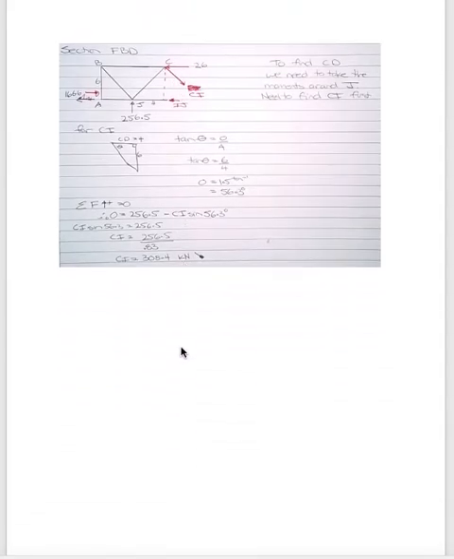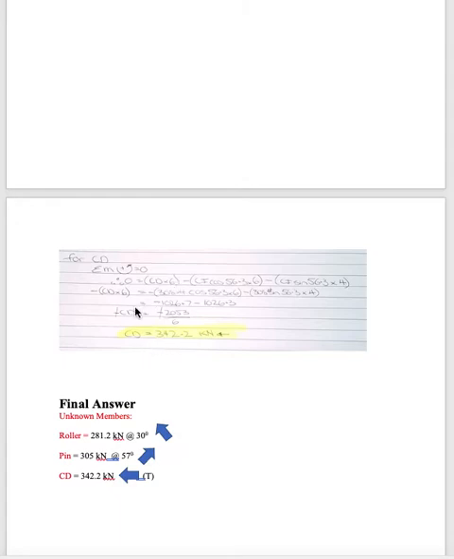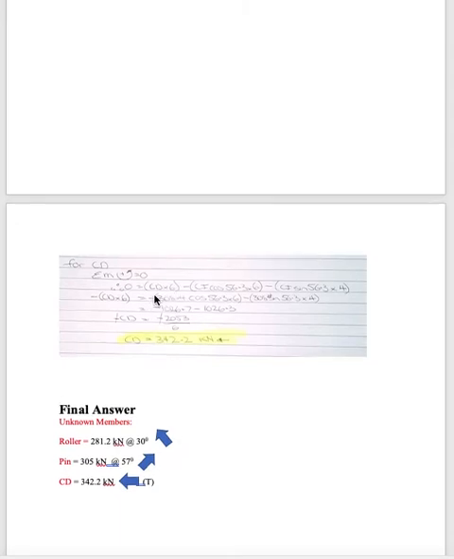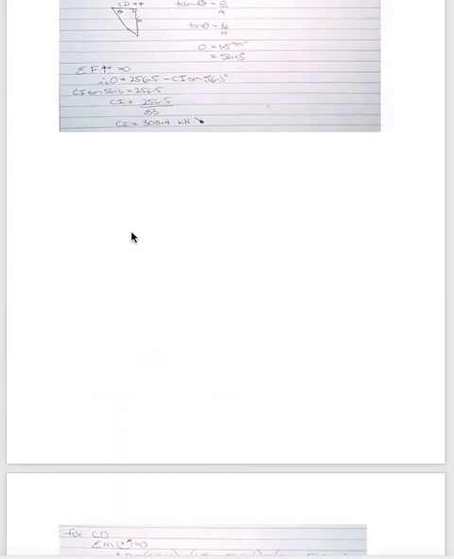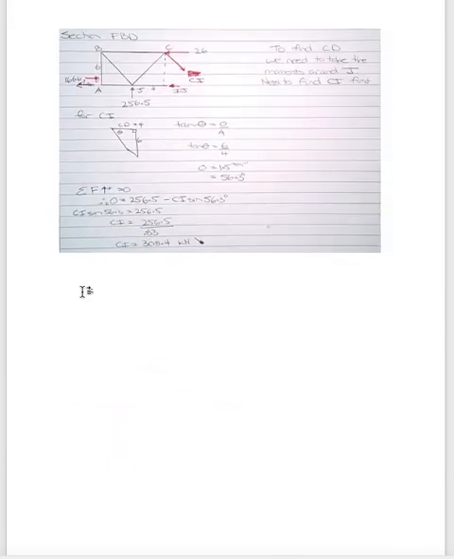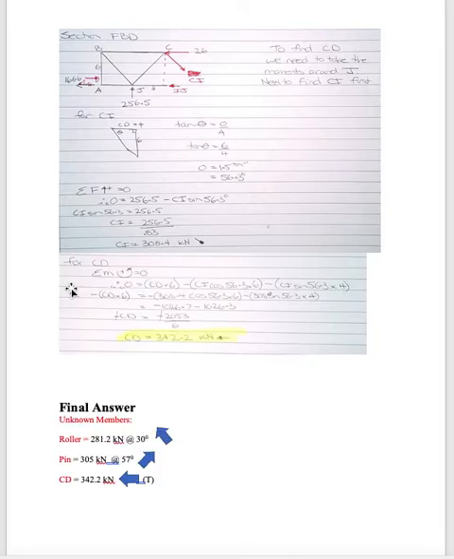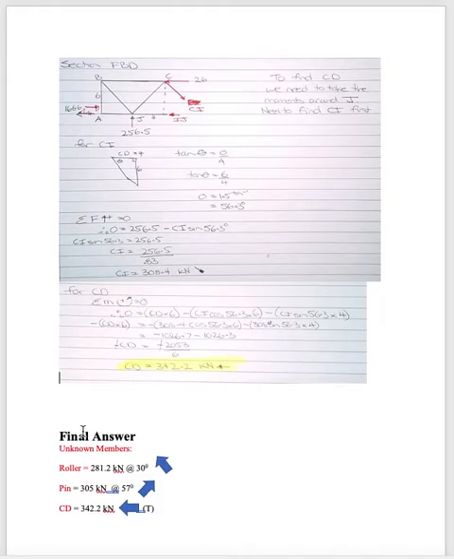Because now when I'm actually going to my moments, here you can see I've got CD, which is the force I want to connect. Right. So here, for CD, I want the sum of all moments going this way equals 0, and I'm going to take them, like I said, around J. So CD, that one there is 6 meters away. So CD by 6. CI is also at 6 meters away because it is starting there.